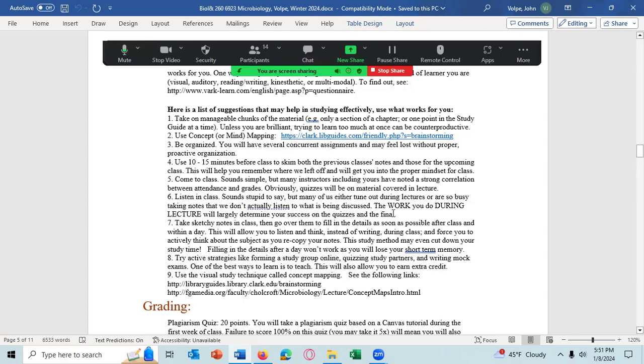What you should do is take sketchy notes in class, and then sometime later, within 24 hours, go over your notes and fill in the details. You must do that within 24 hours because your short-term memory will only last 24 hours.